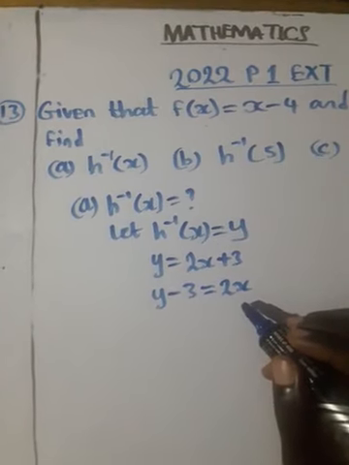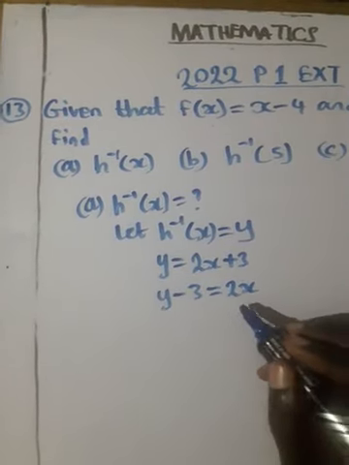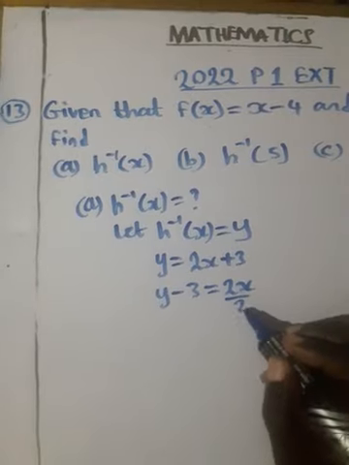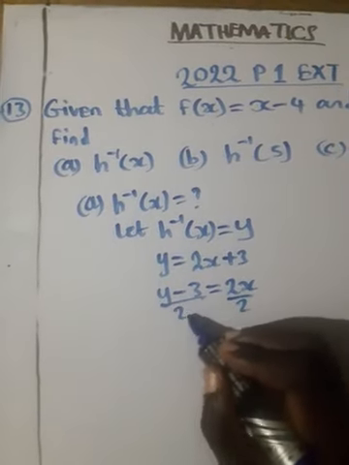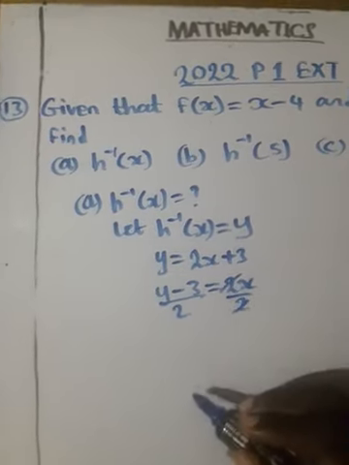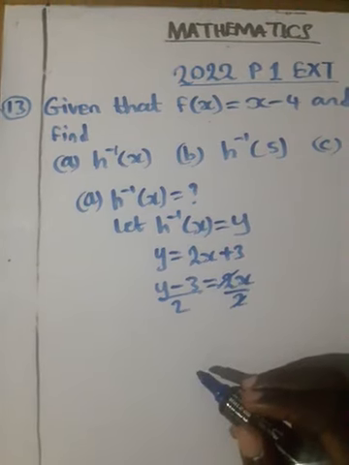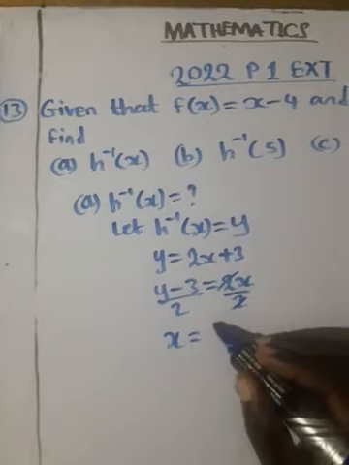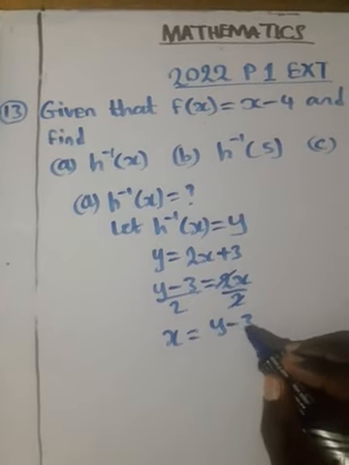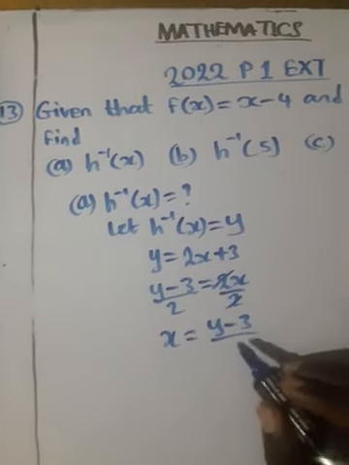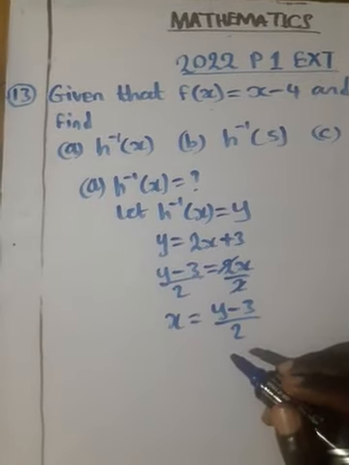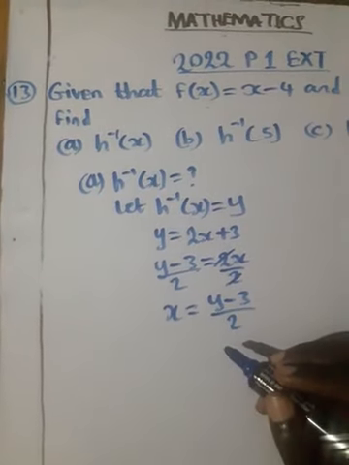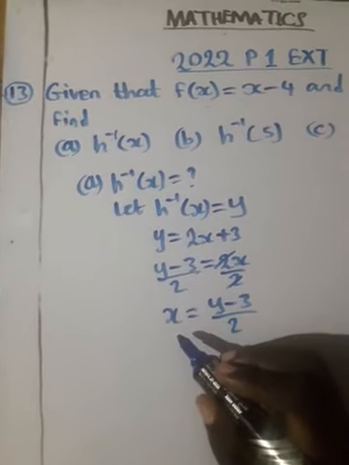Since we are making x the subject, we divide both sides by 2. So these will cancel. We shall remain with x equal to y minus 3 over 2. So we have made x the subject of the equation.